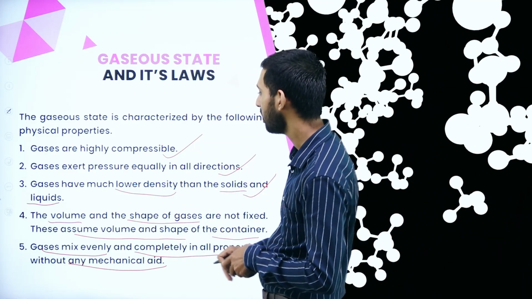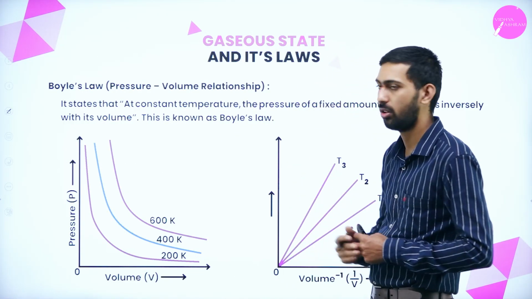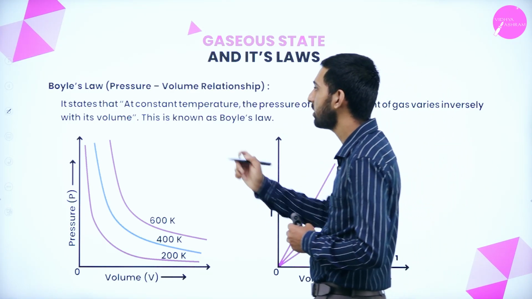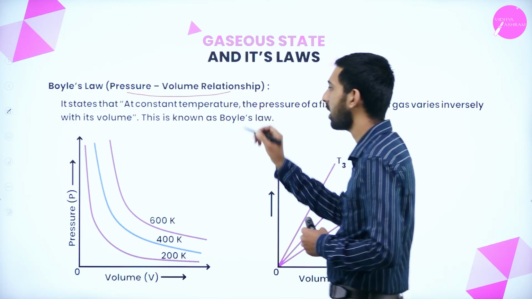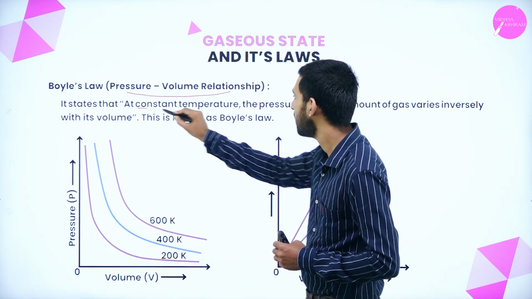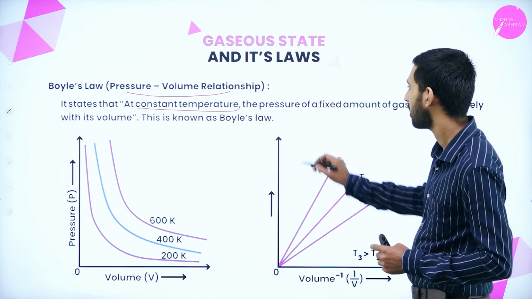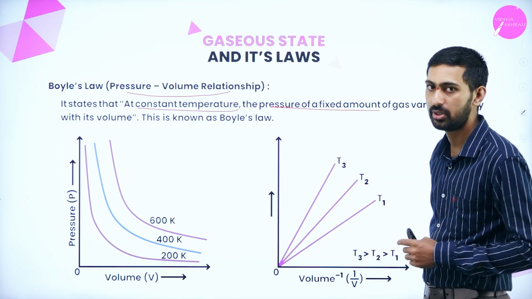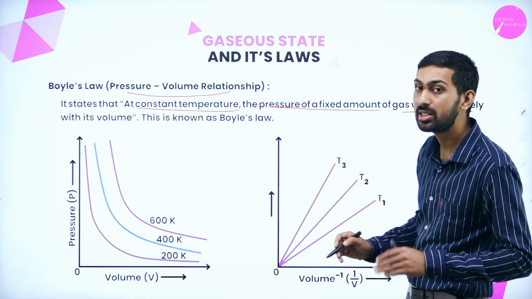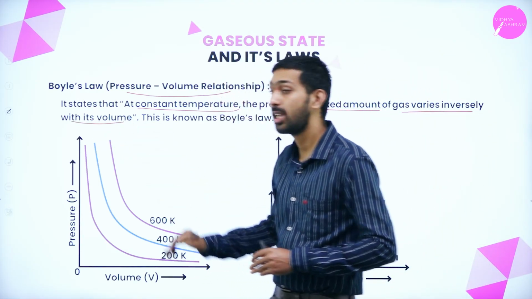Okay. Next thing is Boyle's law. Now let us see. What do you mean by Boyle's law? It is the relationship between pressure and volume. It states that at constant temperature, the pressure of a fixed amount of gas varies inversely with its volume.